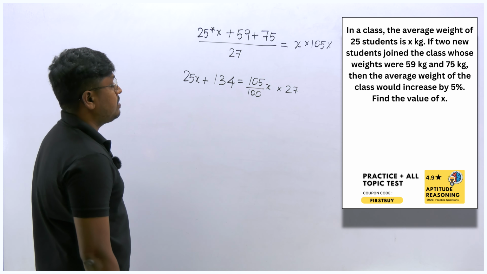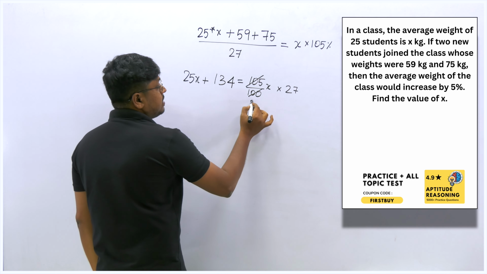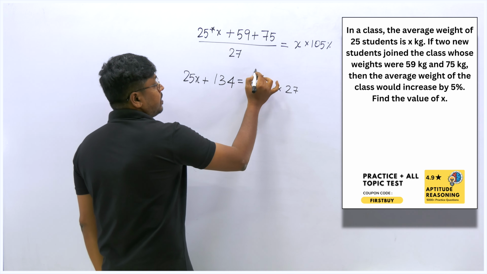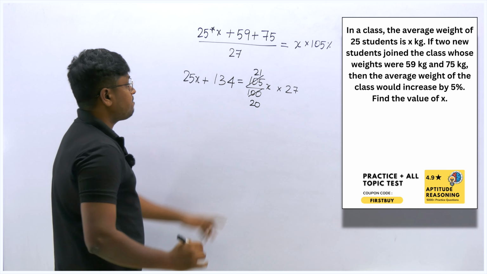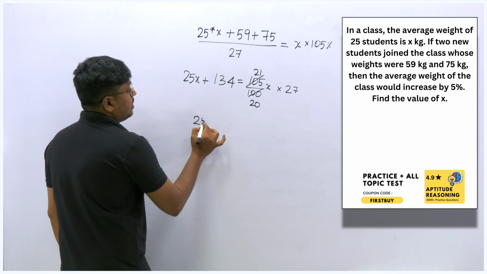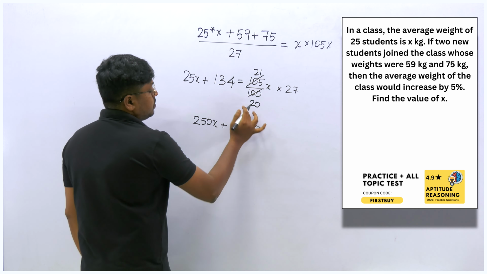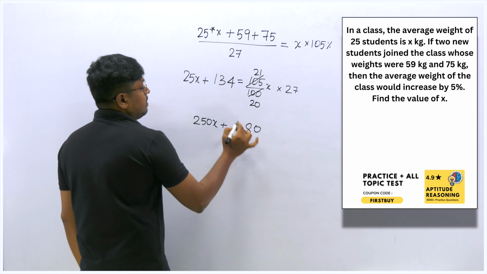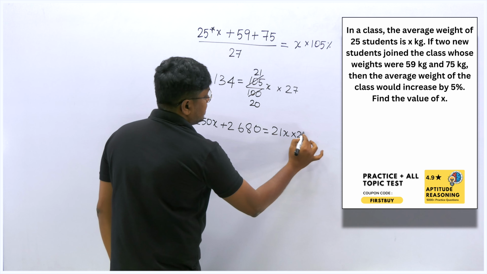So let's cancel with the 5 table. This becomes 20 and this becomes 21. So we multiply by 20 here. This will be 500x plus 2680 equals 21x into 27.